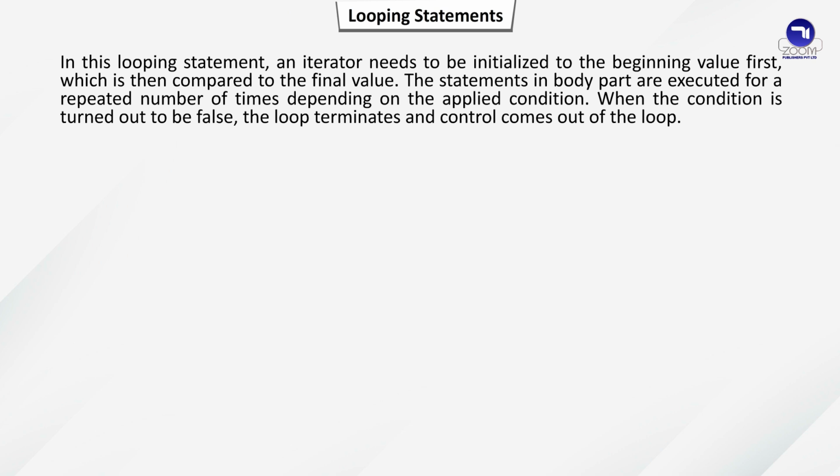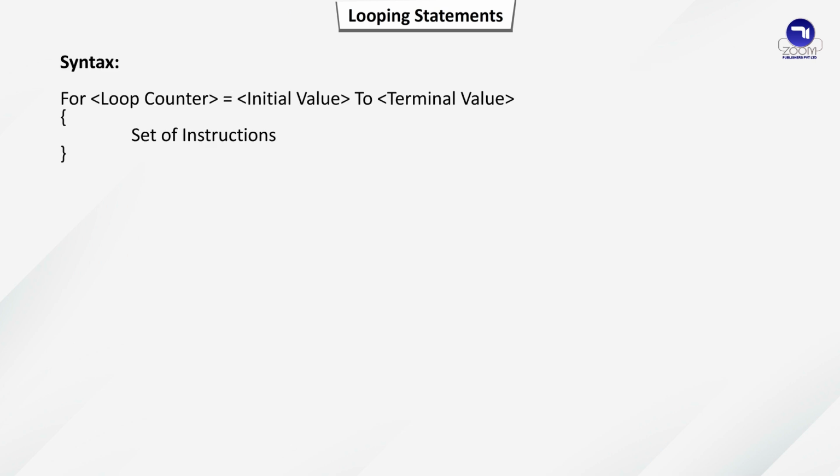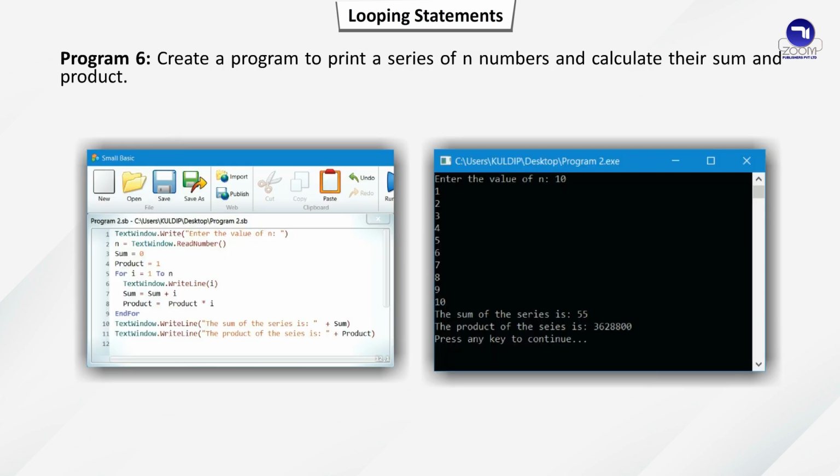When the condition turns out to be false, the loop terminates and control comes out of the loop. Syntax: for loop counter equals initial value to terminal value, set of instructions. Program 6. Create a program to print a series of n numbers and calculate their sum and product.